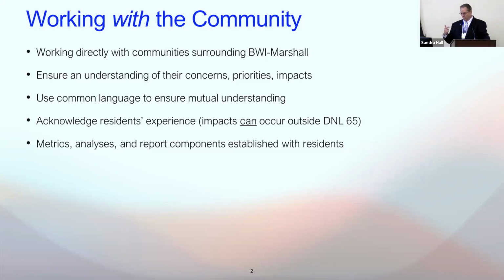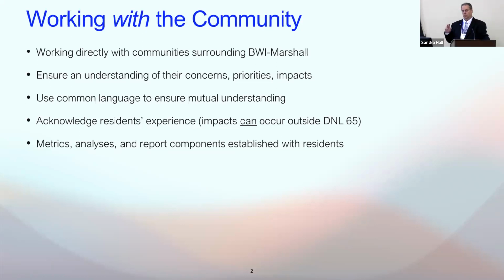So we want to make sure that we understand their concerns, their priorities, and be able to communicate the impacts that we see through the data in a manner that uses common language and assures a mutual understanding between all parties. And when I say all parties, I mean not just the folks in the community, but the airport and the FAA. So we're all singing from the same sheet of music.